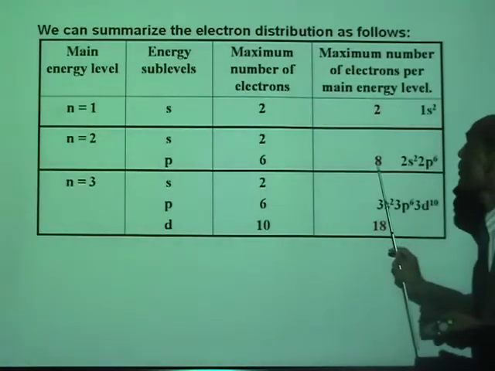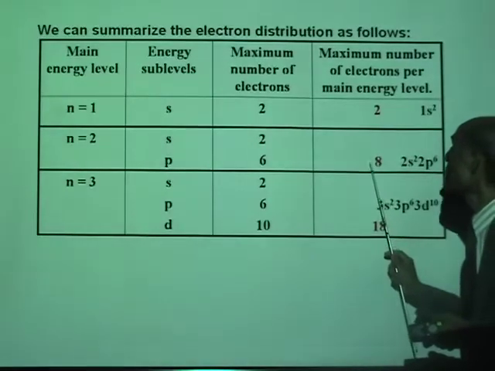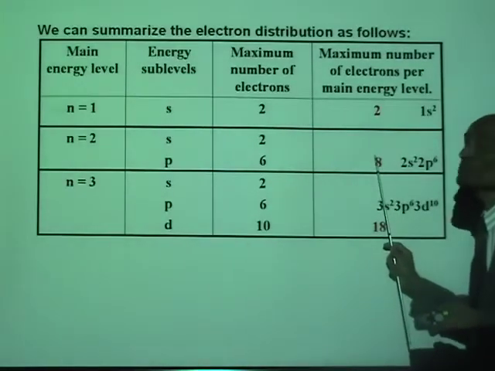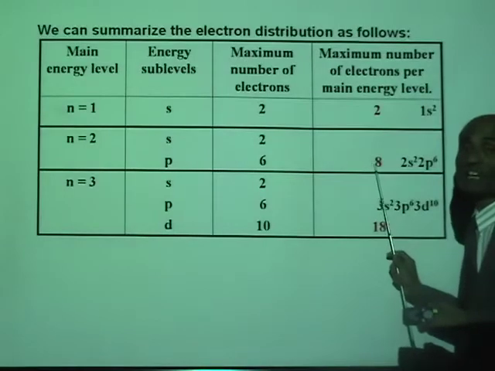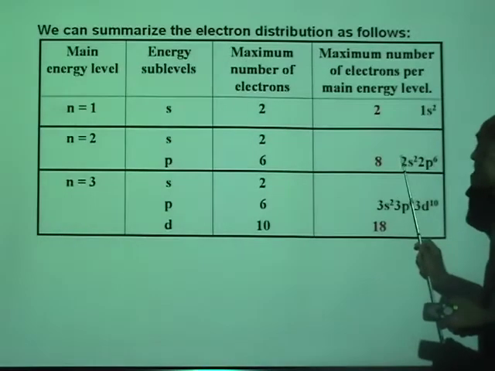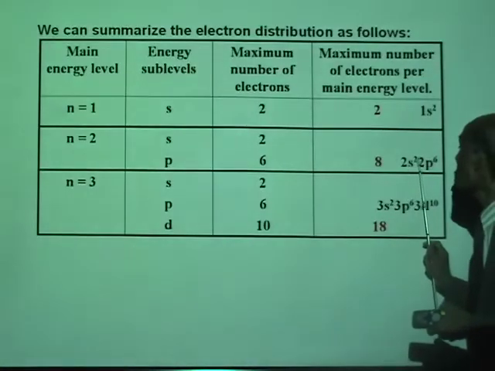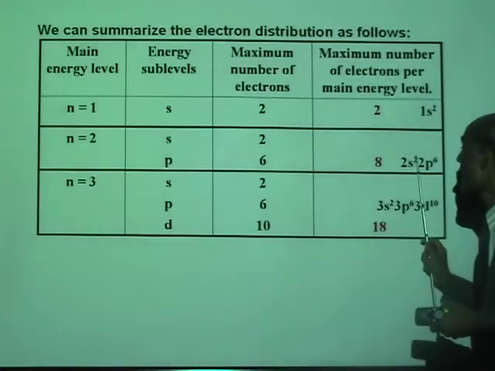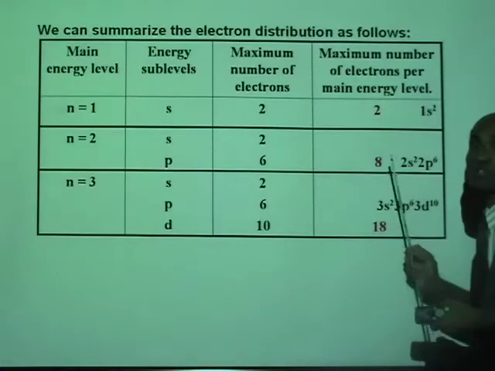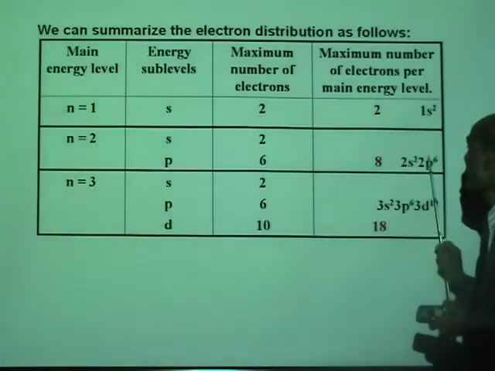Alright, let's now go to the next one. How are these 8 electrons distributed? These 8 electrons are distributed as 2s2. What does that mean? It means 2 electrons. Watch my aluminum pointer. You see how useful that is?